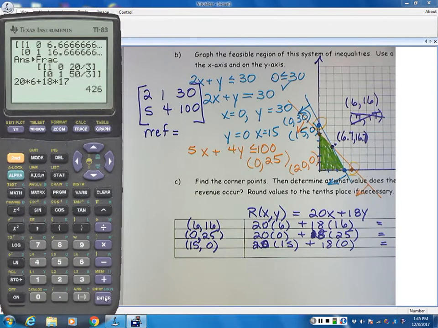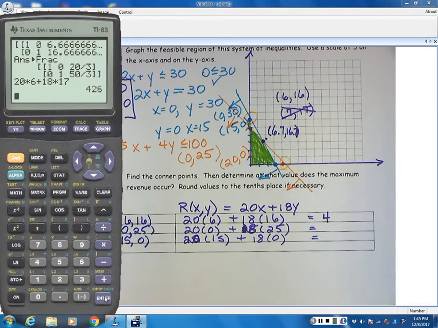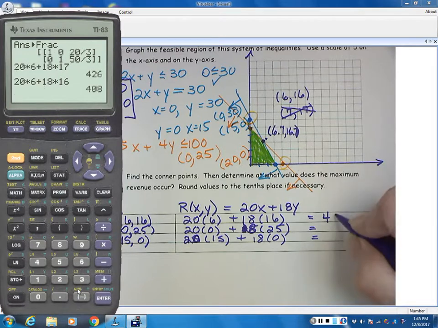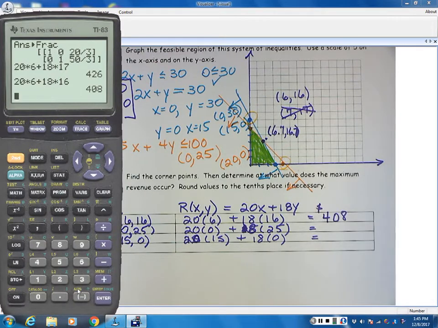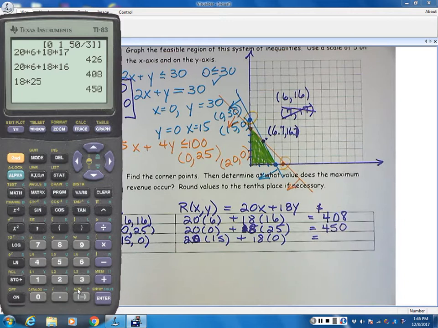So for the first option, they would make $426. Wouldn't it be 16 instead of 17? Ah, yes. So $408 from that situation. Or 18 times 25 is $450. Whereas 20 times 15 is only $300.